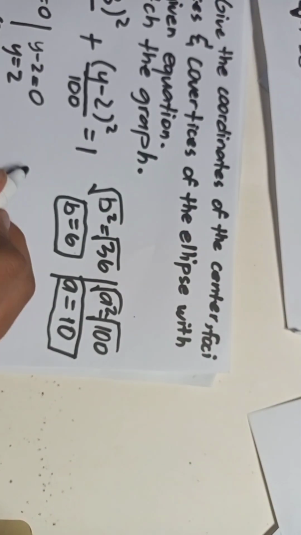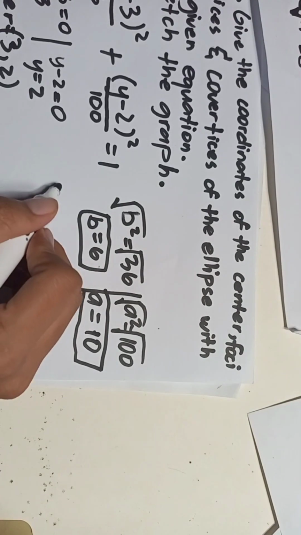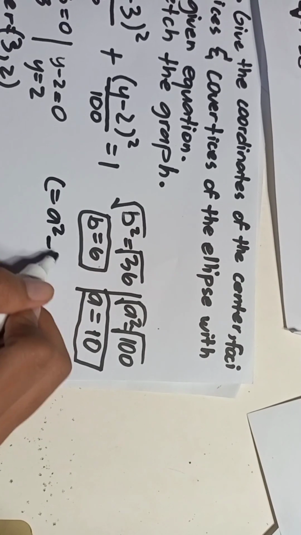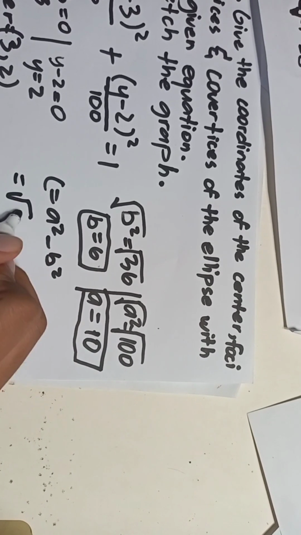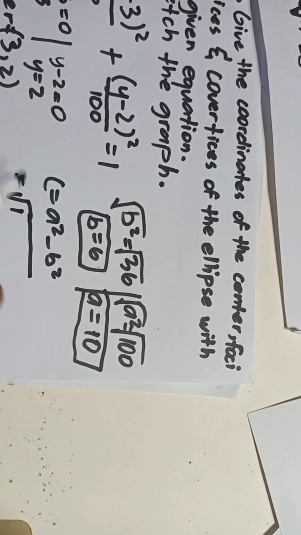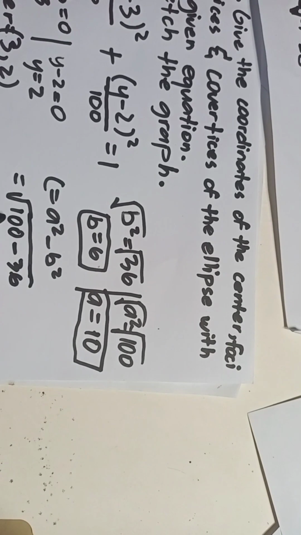So we are going to get the c. Our c is equal to the square root of a squared minus b squared. So our a squared is 100 minus 36. 100 minus 36 is equal to 64.